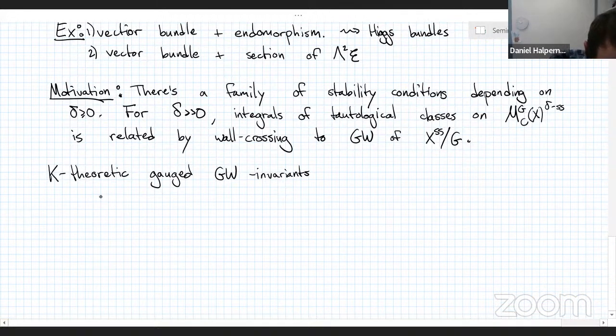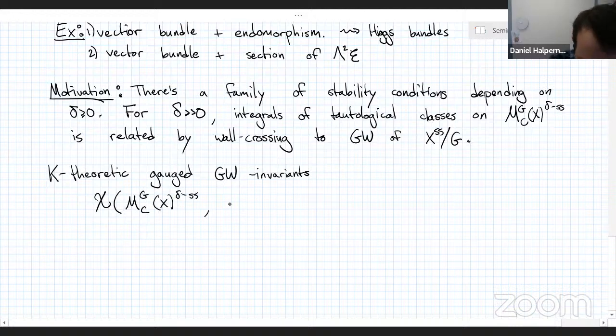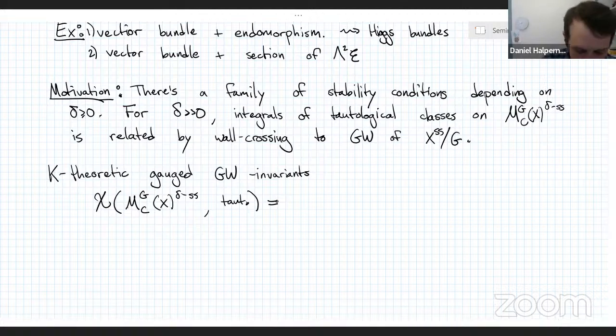So these are the integrals. The K-theoretic integral is the index. So it's the integral over this semi-stable locus of some tautological class. I mean, the formula won't help to understand it. If you're familiar with the enumerative geometry stuff, then you can imagine your favorite tautological class in there.